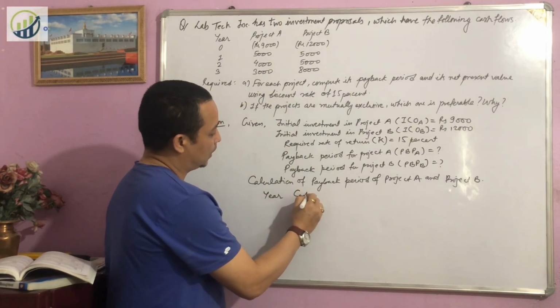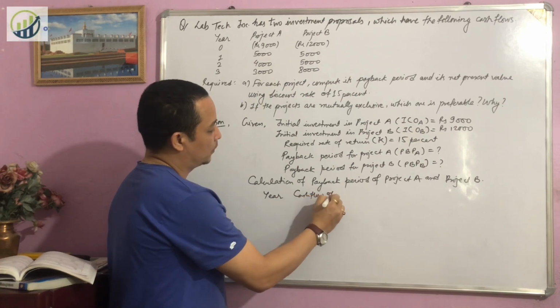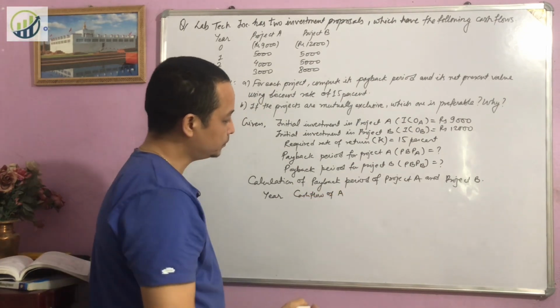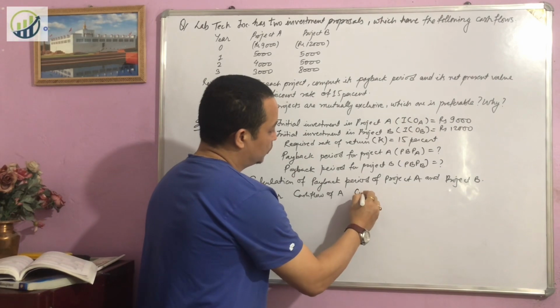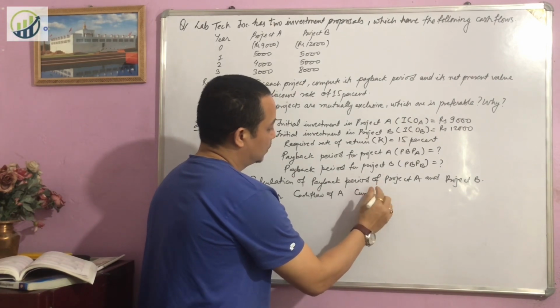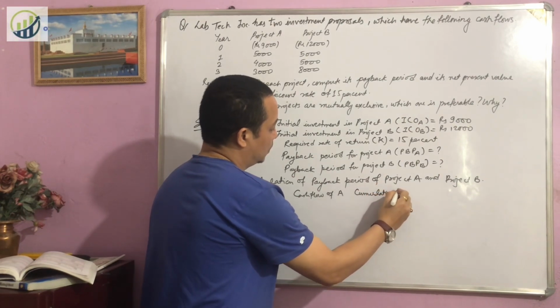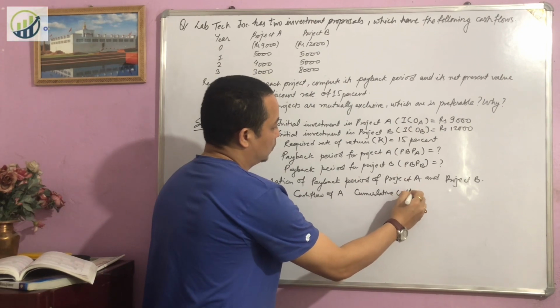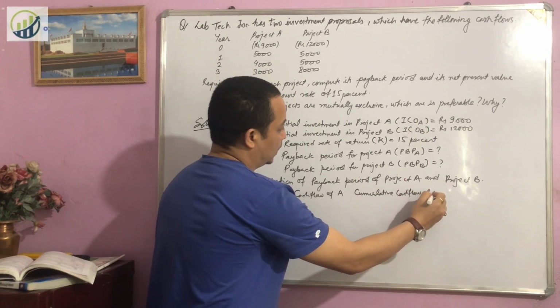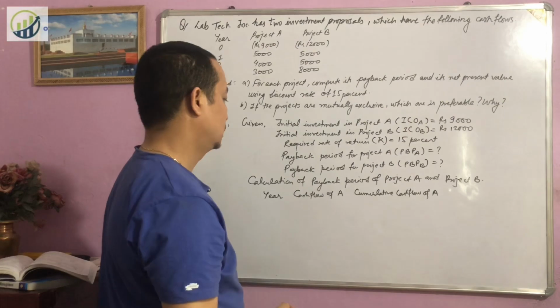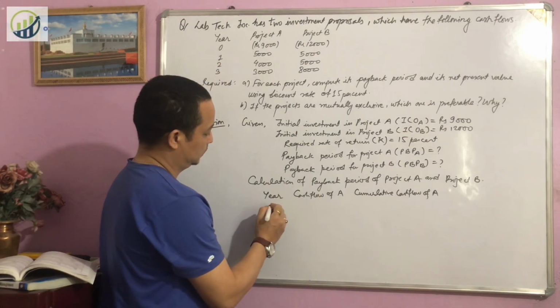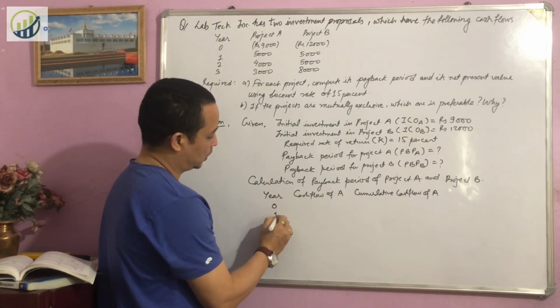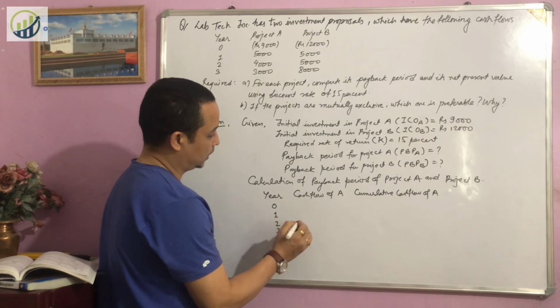Cash flow of A, cumulative cash flow of A, for years 0, 1, 2, 3.